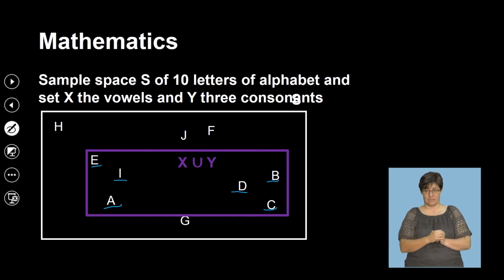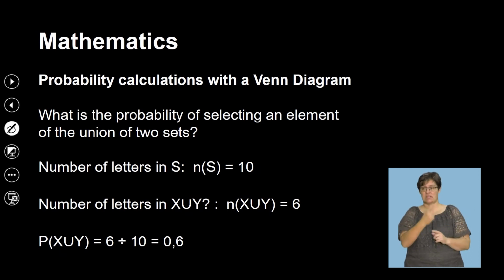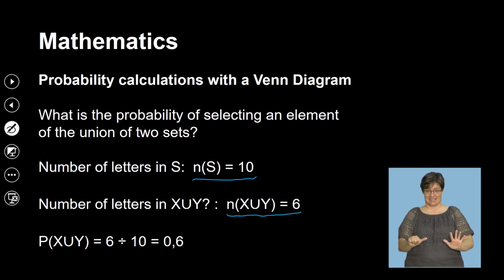So remember this, the English word that we need to be saying is that we're wanting to calculate the probability of an element being in X or in Y. When we do the calculation, the number in the sample space we recognize in total is 10, but the number in the union is only 6.